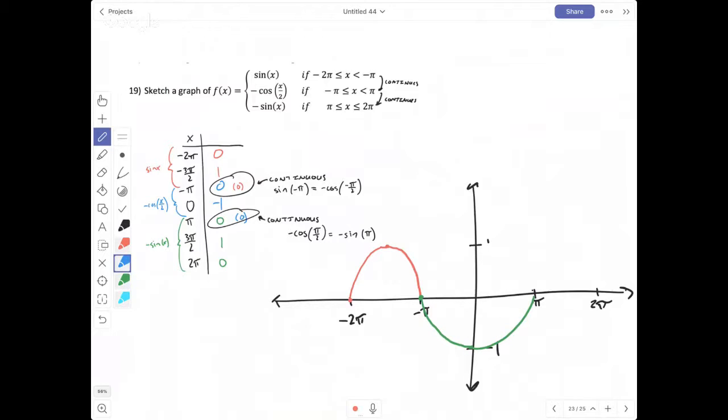And it switches to the, oh my bad, that was the blue part, huh? Blue part, blue, red, green. To negative 1, up to 0. And then it switches to the green part for the end. So it's green part there, up to 1, down to 0. And this is the graph of f of x.